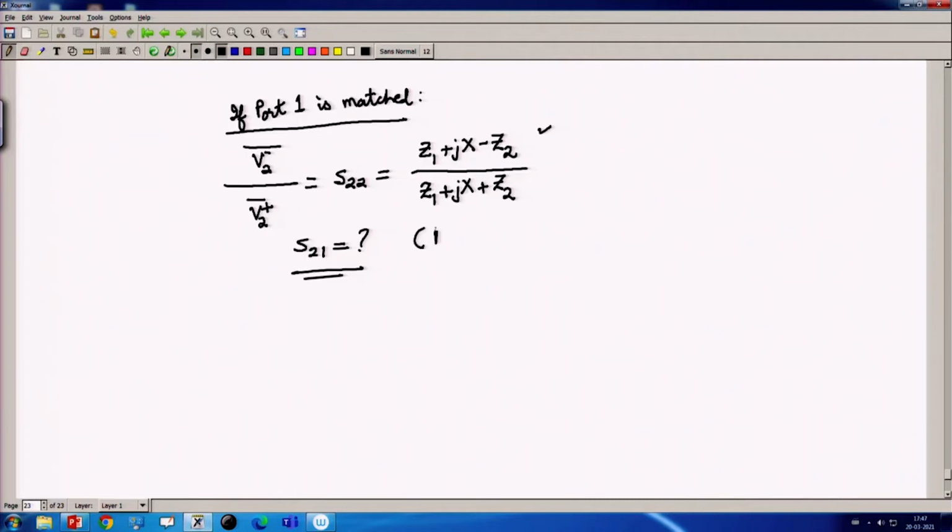So, we have to assume that port 2 is matched. So, on port 1, what do we have?